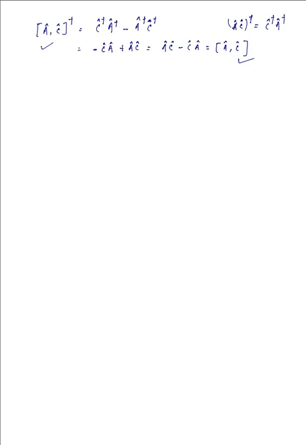So that means if we are taking the commutation of a Hermitian with an anti-Hermitian, then we are going to end up with a Hermitian commutation. So this is Hermitian. But we have more conditions to look at.